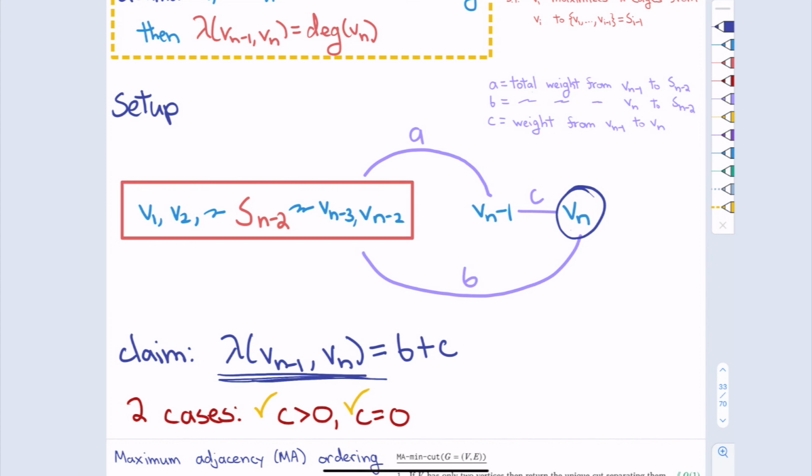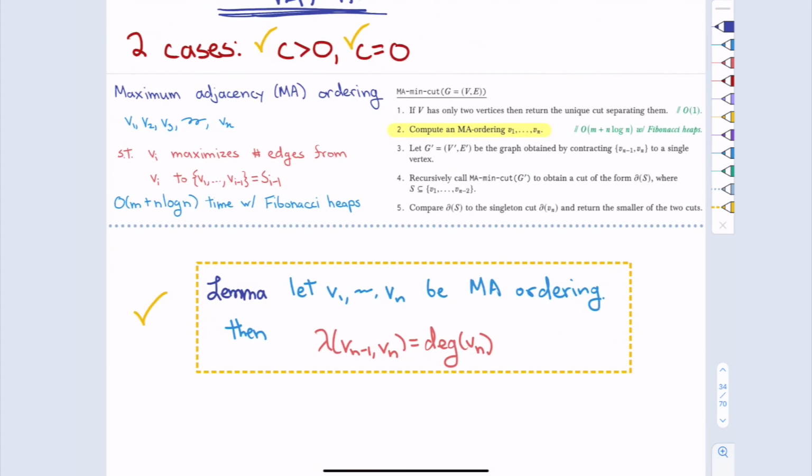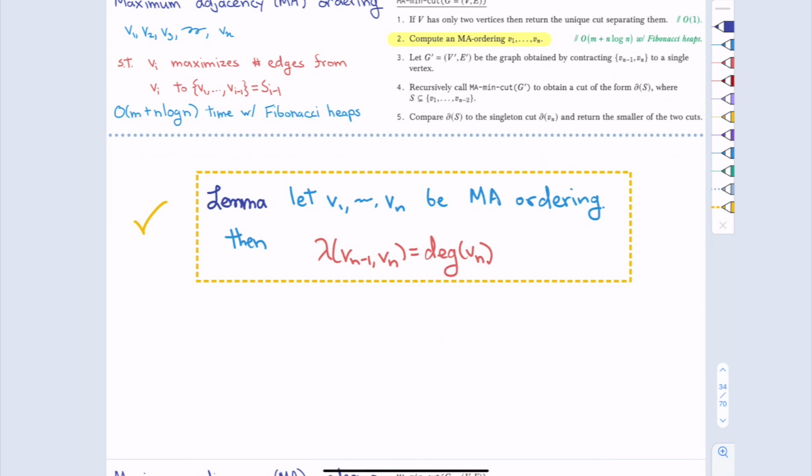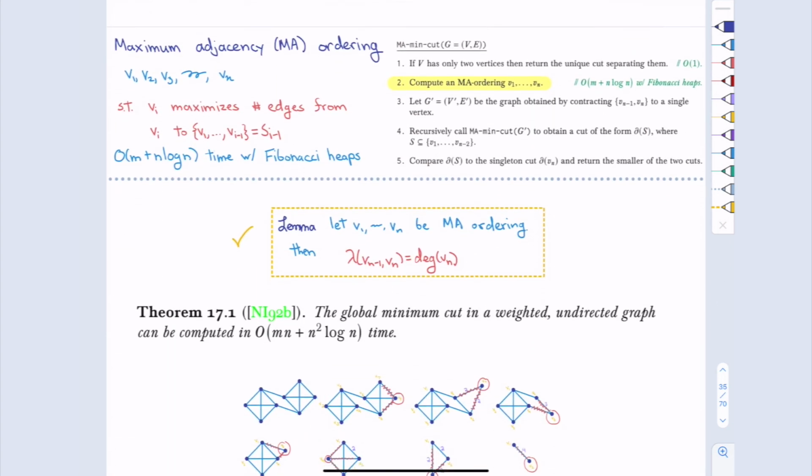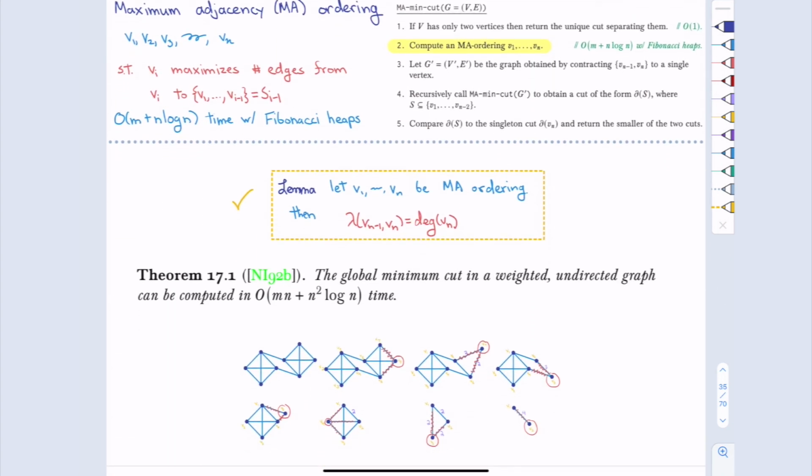Okay, so that establishes that Vn does give you the minimum Vn minus 1, Vn cut, and that this kind of absurd algorithm, which just orders things in this greedy maximum adjacency ordering and keeps contracting the last two vertices, somehow produces the minimum global cut much faster than we know how to compute a single ST cut.